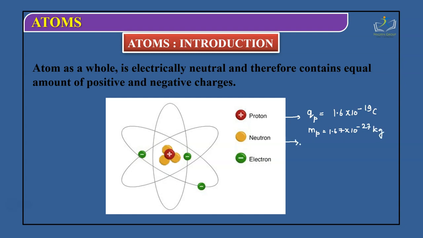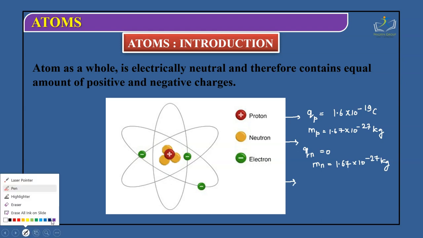Whereas if I'm talking about the neutron, the charge of a neutron is neutral and the mass of a neutron is approximately the same as the mass of a proton. Next, the electron. An electron is a very light particle.